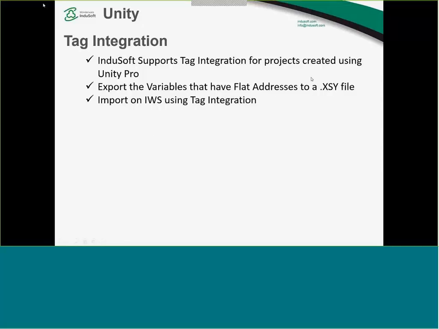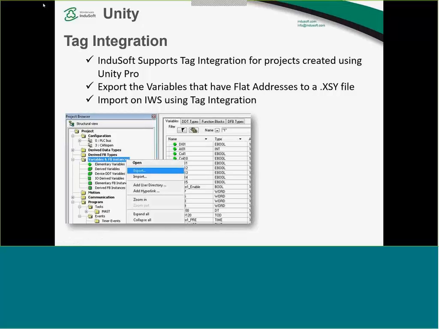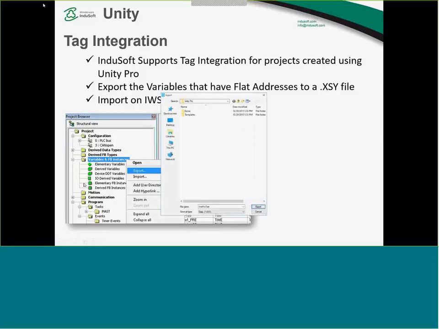So how do we do that? You go on Unity Pro, find your variables, right-click and click on the Export button. As you export this, you're going to have this window where you can enter the name of the file that you're exporting.